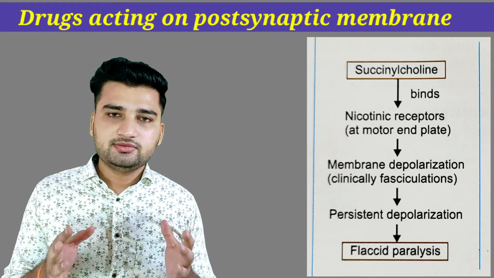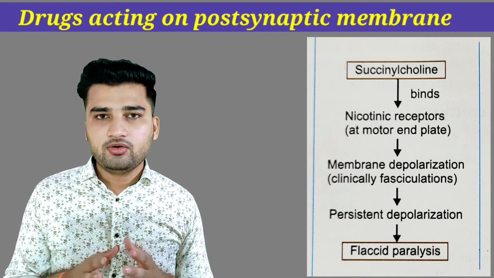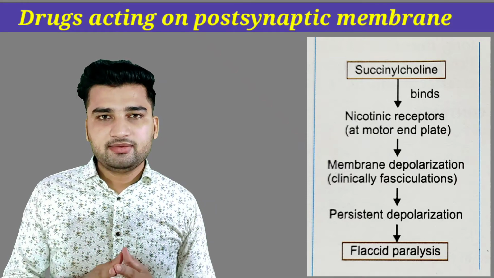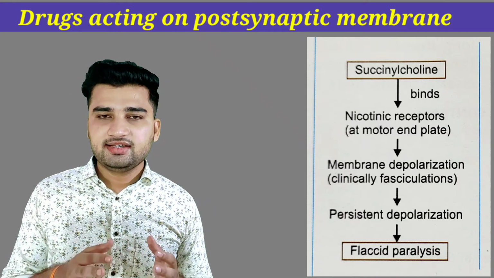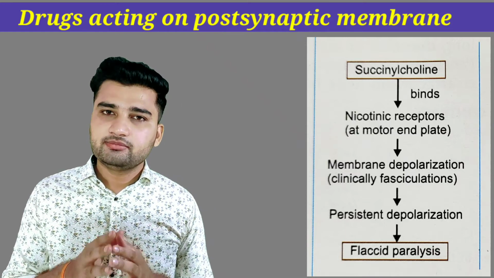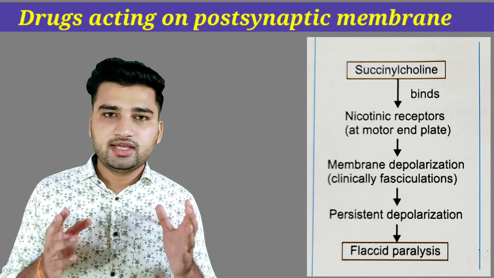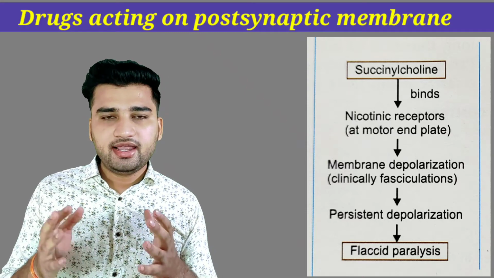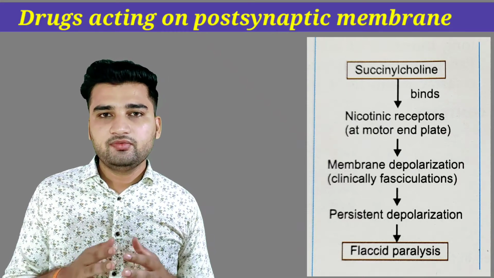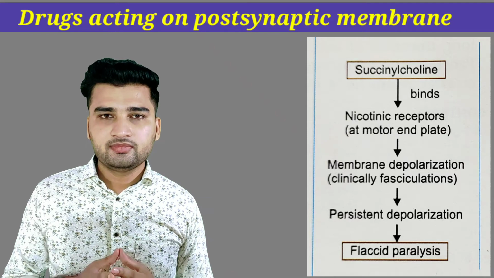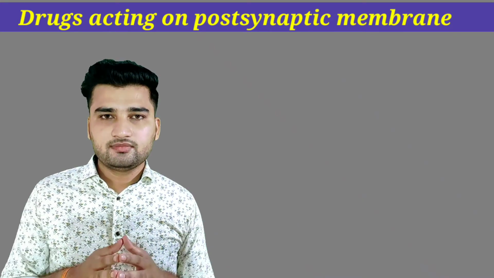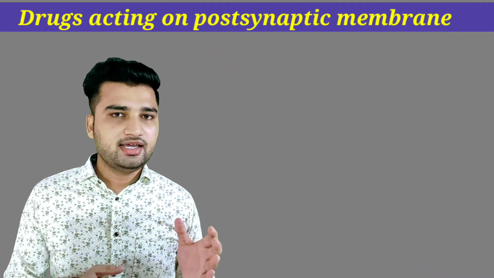Its molecular structure is similar to two molecules of acetylcholine combined together. Therefore, it activates the postsynaptic receptor for a prolonged period of time and causes flaccid paralysis in the muscles. Tubocurarine and succinylcholine both act as muscle relaxants.